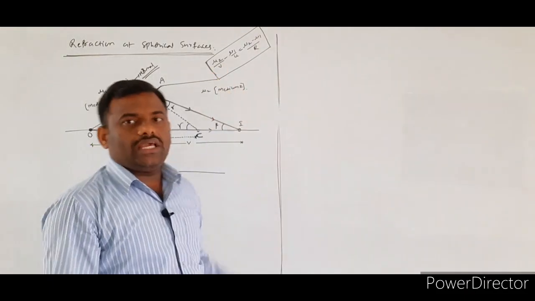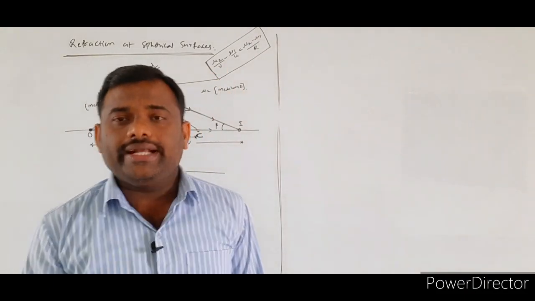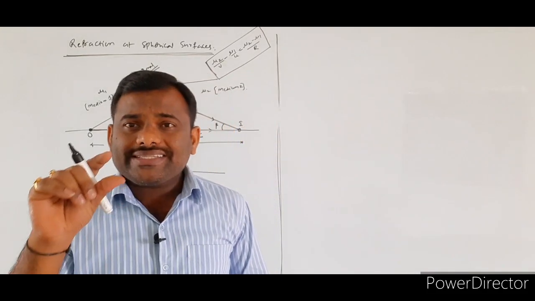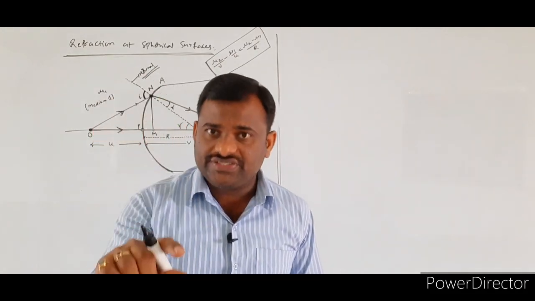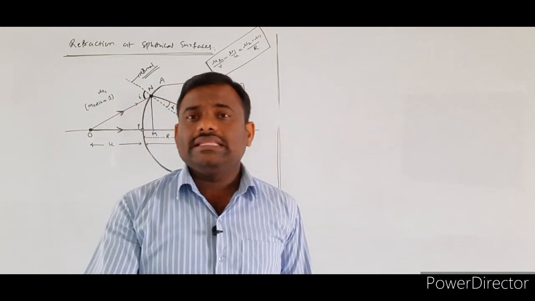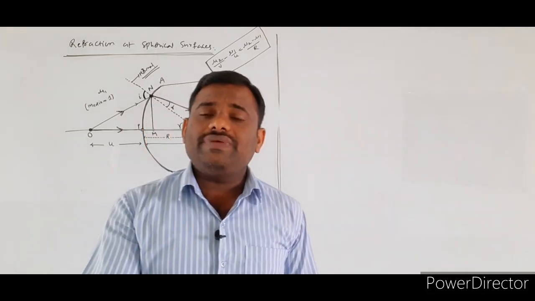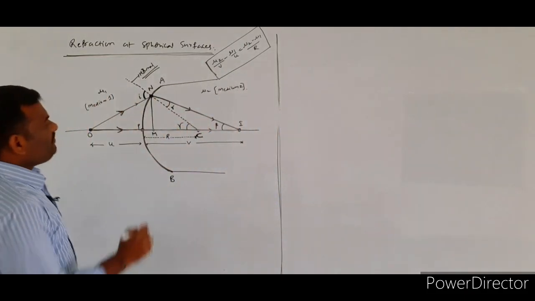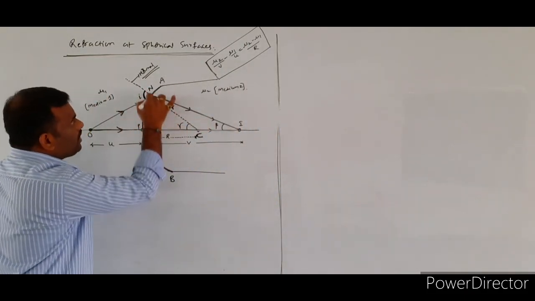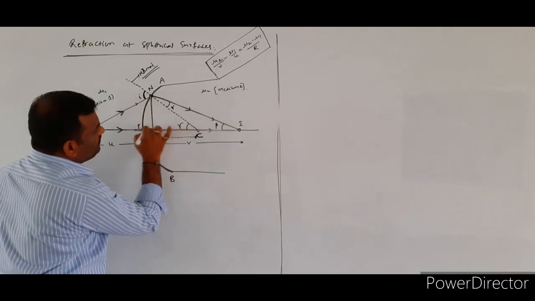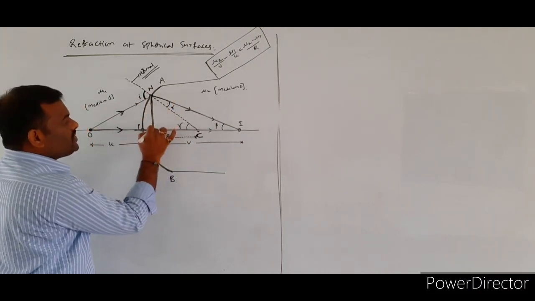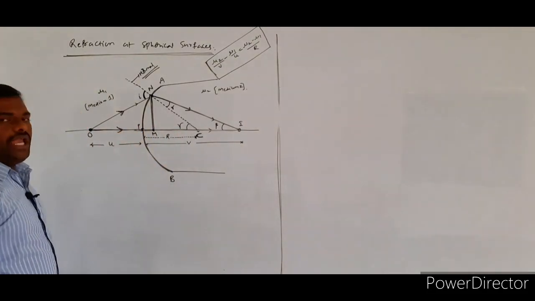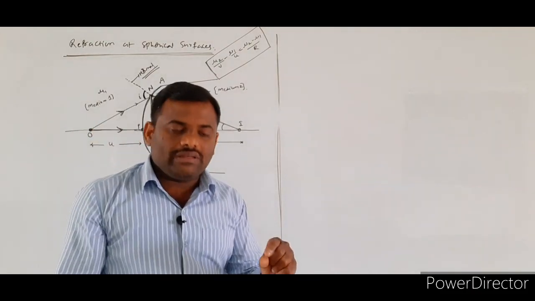To derive the required equation, we make one small assumption. In the entire ray optics, the aperture size of the refracting surfaces, either lenses or mirrors, will be assumed as very small. So if you draw a normal onto the principal axis, this point M and this point P are very close.